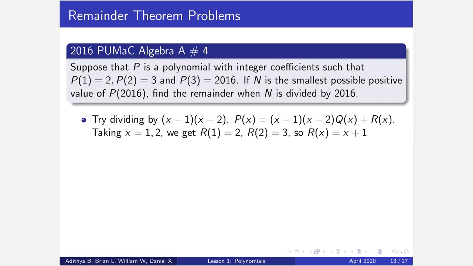So now we can plug in x equals 3 into this equation. We get p of 3, which is 2016, on the left, and on the right we get 2q of 3 plus 4.